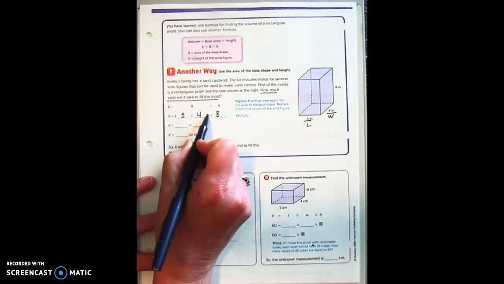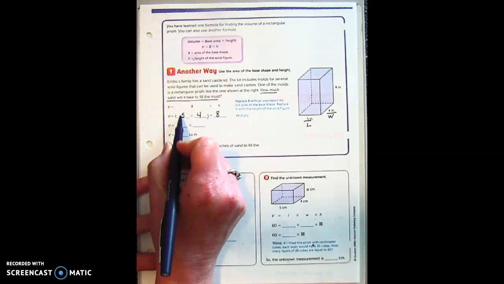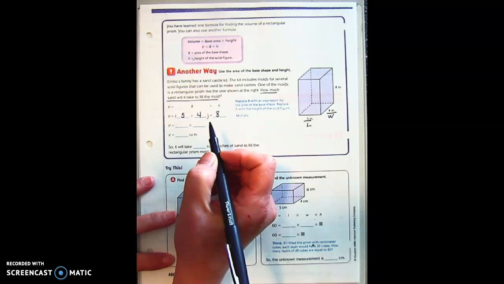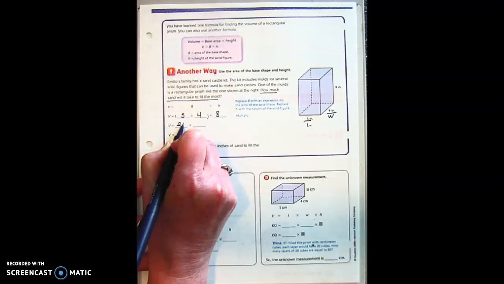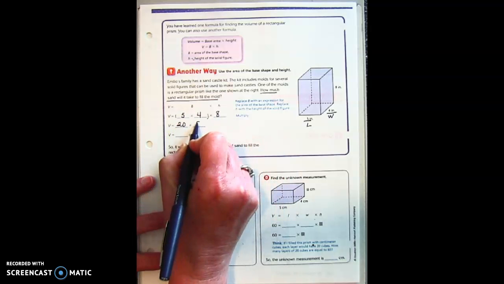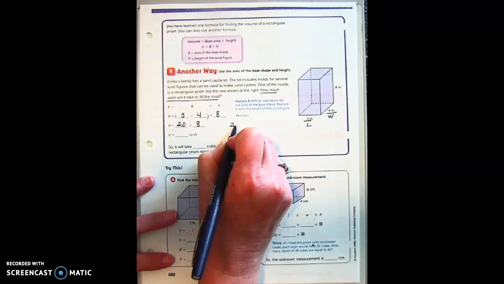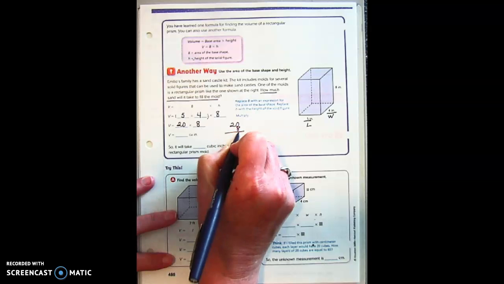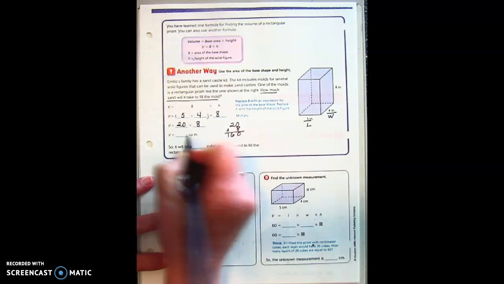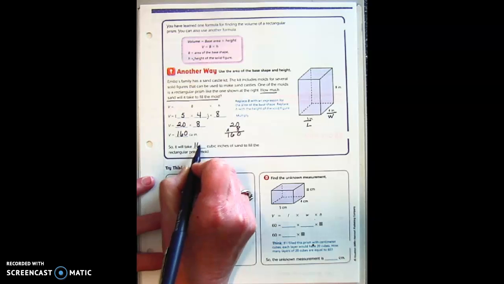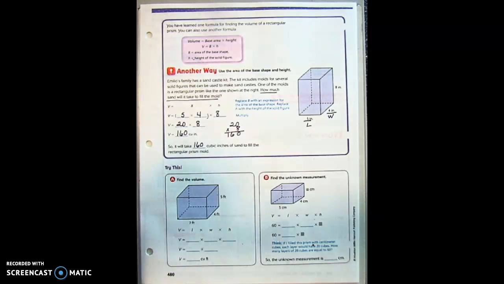So 5, and we have parentheses, and our order of operations tells us that we're going to do what's in parentheses first. So 5 times 4 is 20, and then we have to still multiply that times 8. So 20 times 8 is 160. So it will take 160 cubic inches of sand to fill the rectangular prism mold.